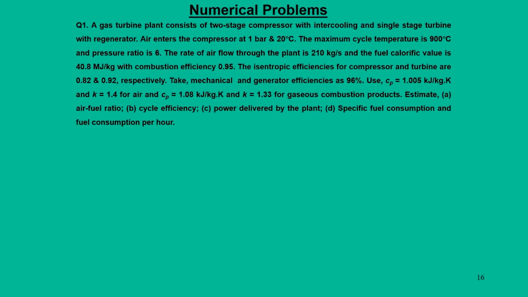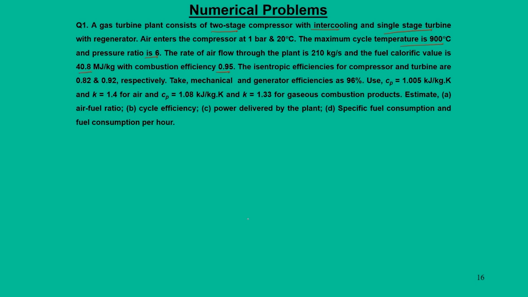There is a big problem statement which I can simplify: it is a two-stage compression process with a single stage turbine process, and the two-stage compression is achieved through intercooling. We also have the maximum cycle temperature of 900 and the pressure ratio given. We also include a combustion chamber in which fuel is injected with a calorific value and combustion efficiency.